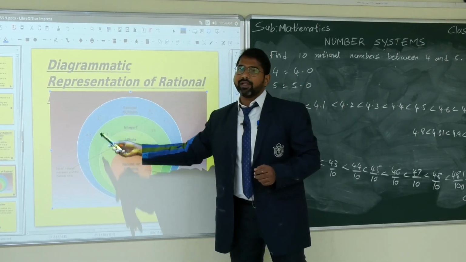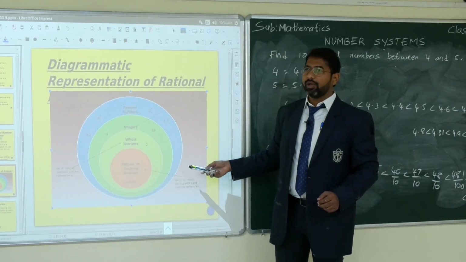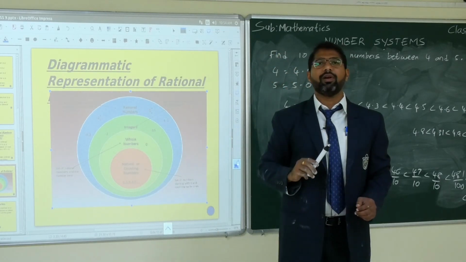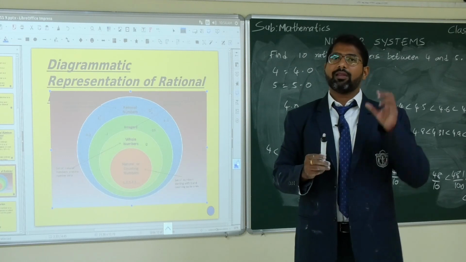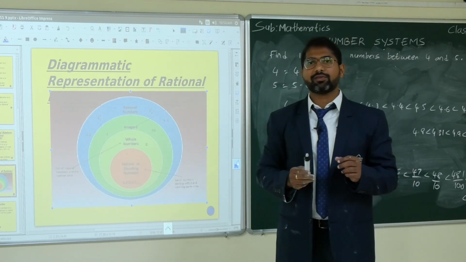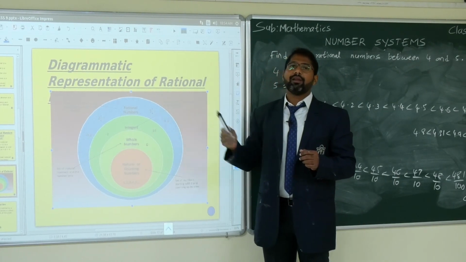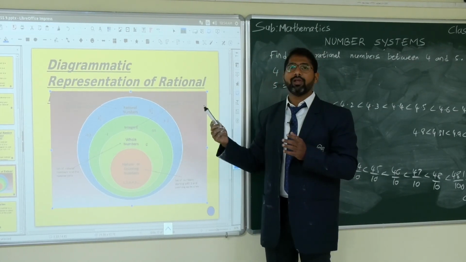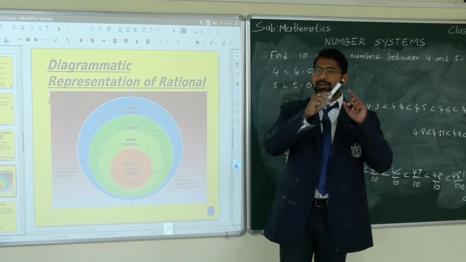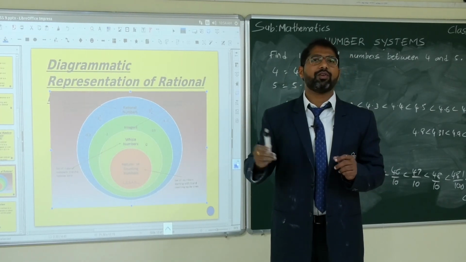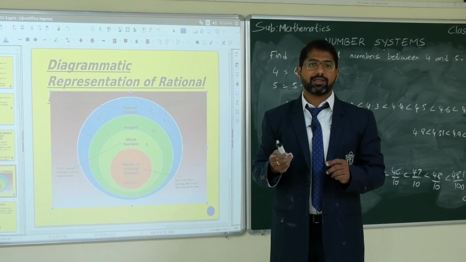Next, rational numbers are denoted by the capital letter Q, because this form, when you write in P by Q form, that we will call it as a ratio, and that form is also called as quotient form. That's why we are using for rational numbers Q. And in higher classes you are going to learn about, there are some more numbers on the number line which are not in P by Q form, that you will learn in higher classes.